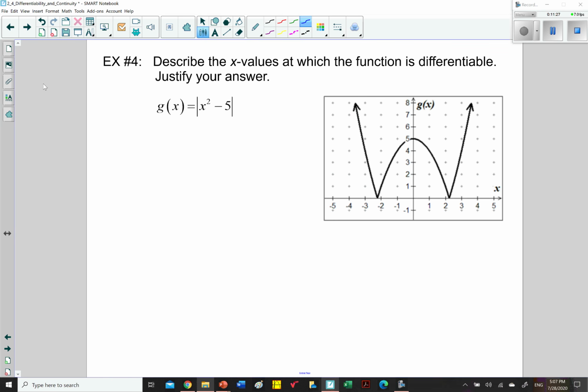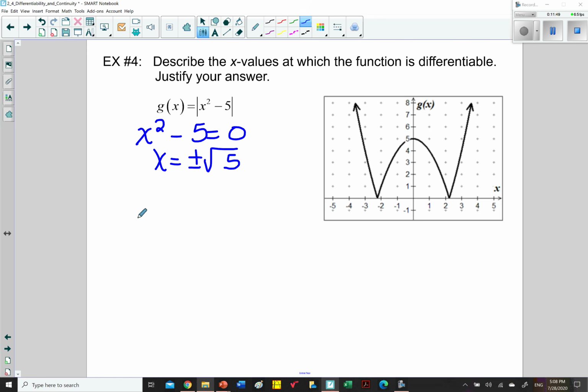Example 4, describe the x values at which the function is differentiable and justify your answer. So here, let's look at our problem areas. That would be where the argument is 0, which would occur at positive or negative square root of 5.